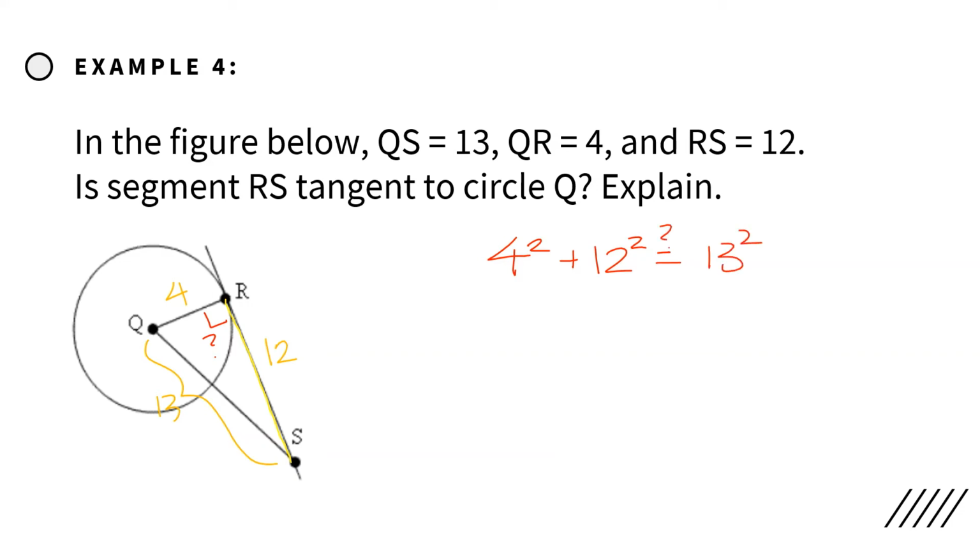Is 4 squared plus 12 squared equal to 13 squared? 16 plus 144 is 160. That is not equal to 169, which means I do not have a right triangle, and segment RS is not tangent.